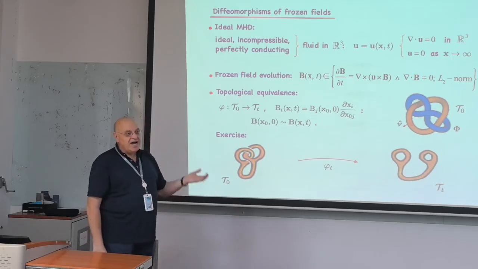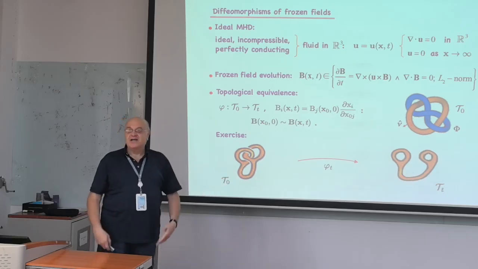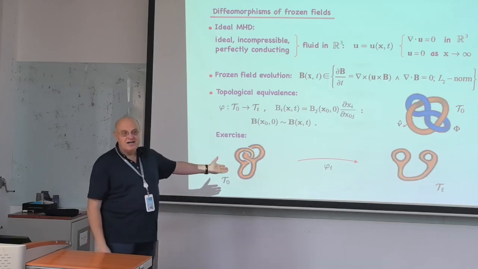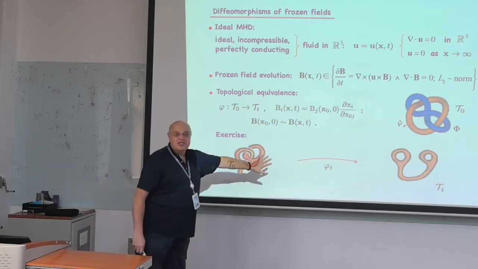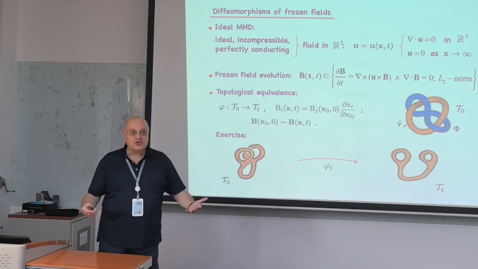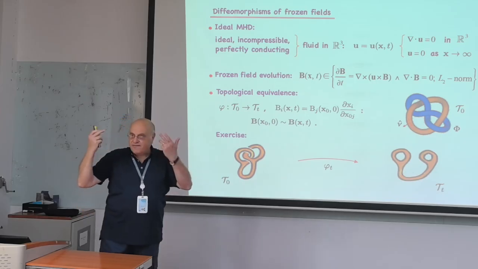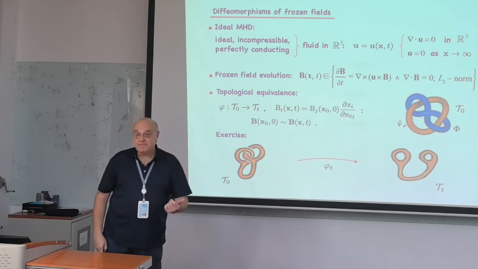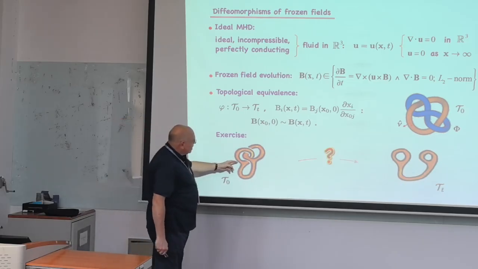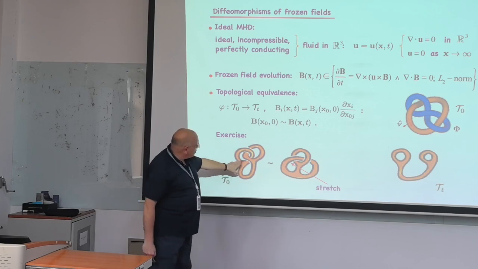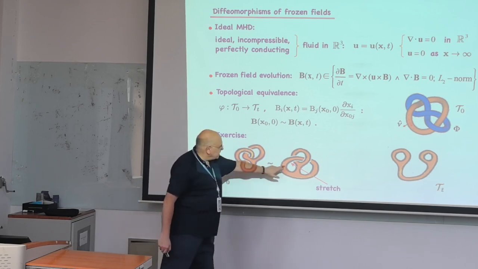Well, this is a typical exercise, and when I was young and I met this example, I struggled without finding the solution. It defies intuition. But the solution is this. First, you take this and you deform this part into this.